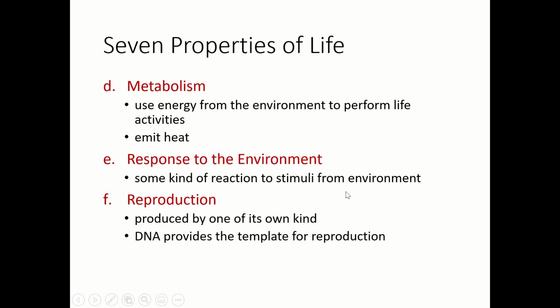So it's better to say that living things are produced by reproduction rather than that they can reproduce. Plus, lots of organisms are sterile. That happens sometimes for a number of reasons. So it's easier to think of it in terms of all living things being produced by reproduction, produced by one of their own kind. And DNA provided the template for that reproduction.